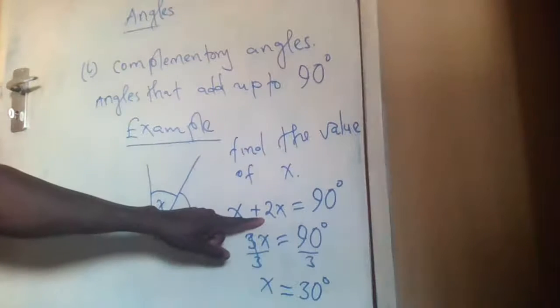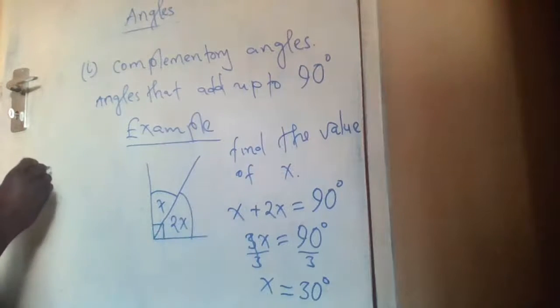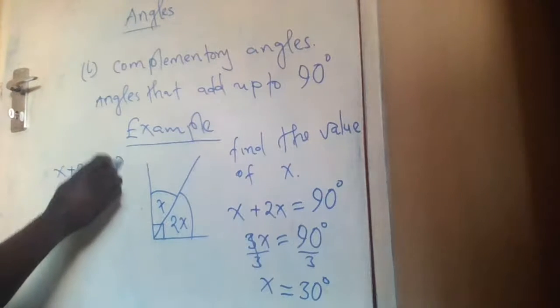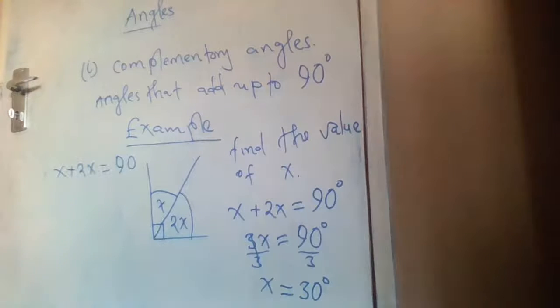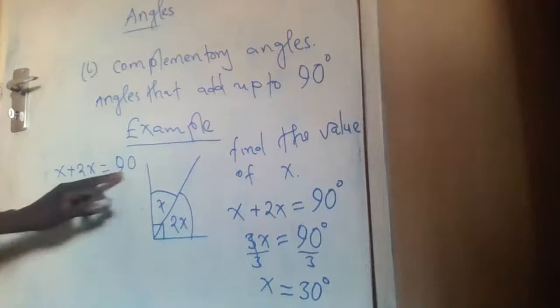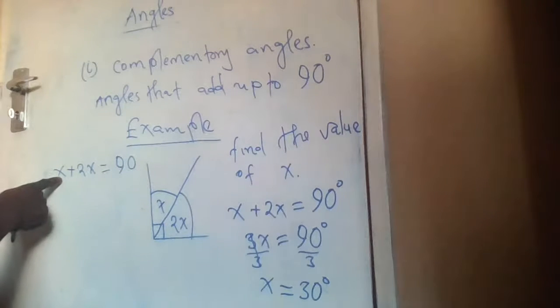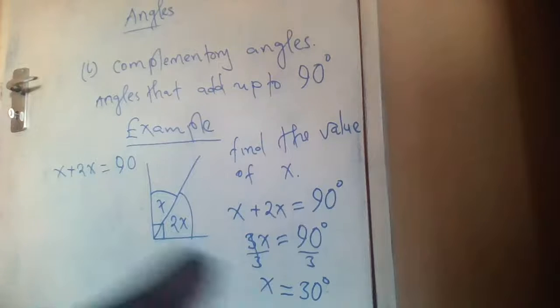So we'll come back to this, where we said x plus 2x is supposed to give us 90. Now we need to verify if, when we put 30 where there is x, we get 90. So where we have x here, we're going to put a 30.